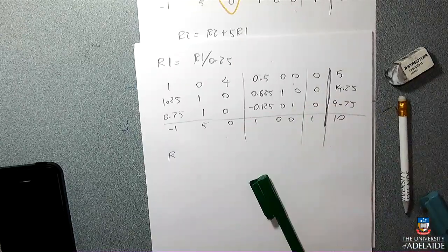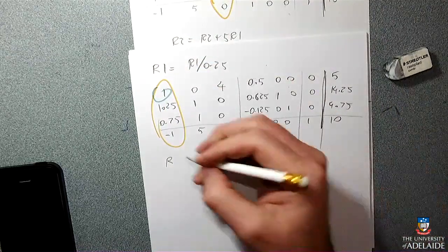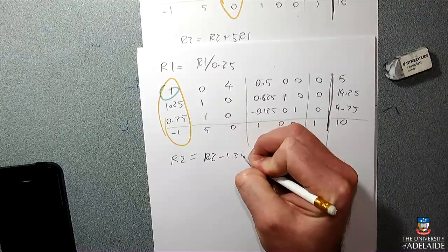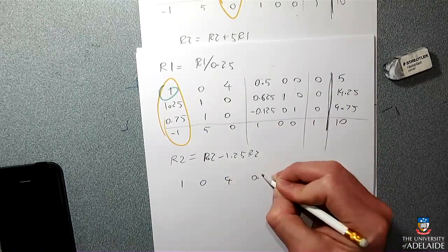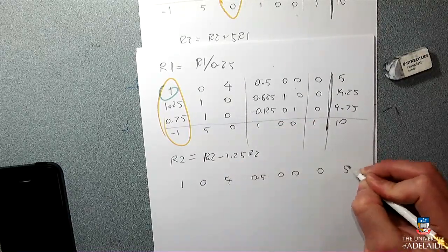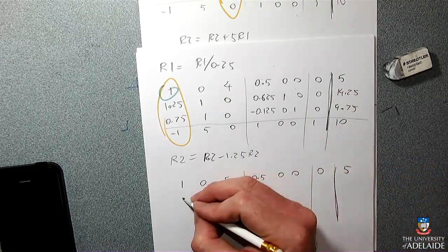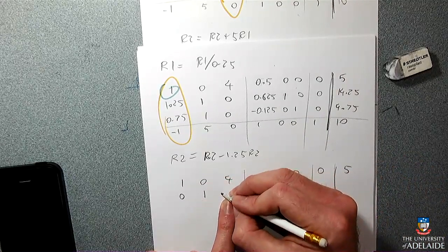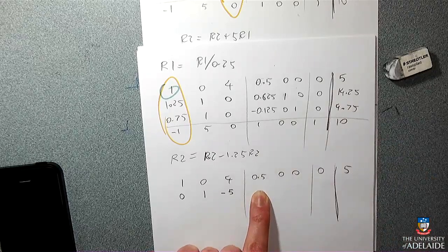So we're still focusing on this column and this position. So row 2 minus 1.25 of row 2. So this would be 0, 1, minus 5. Zero.